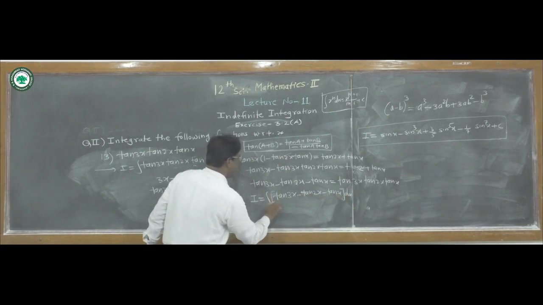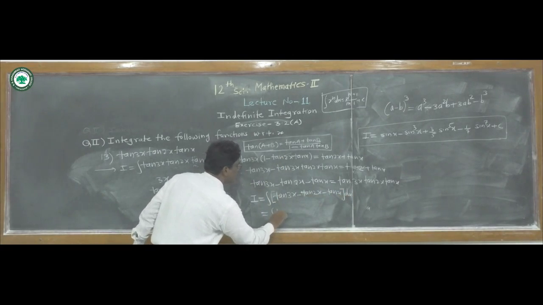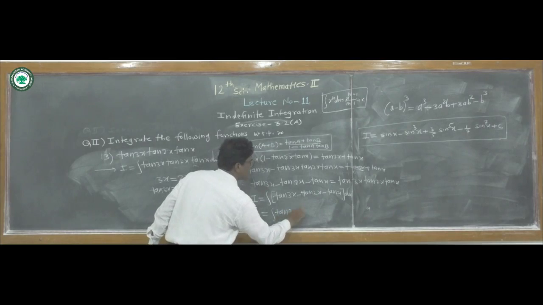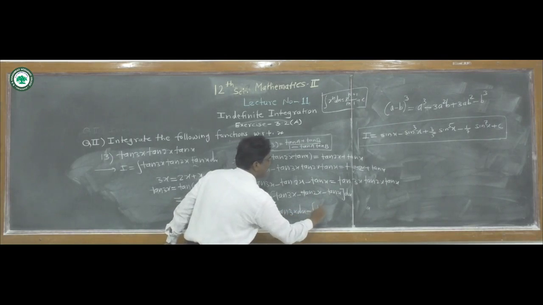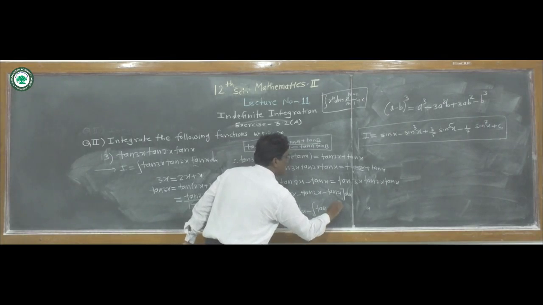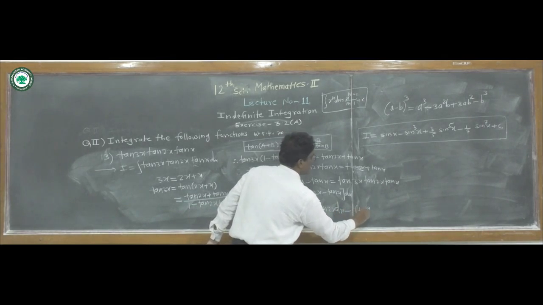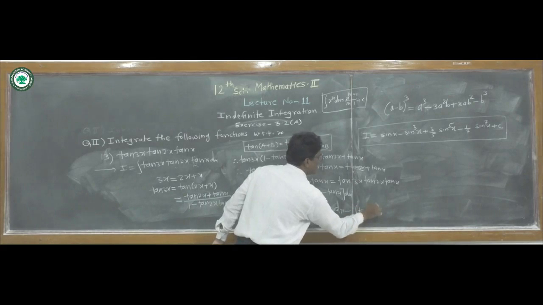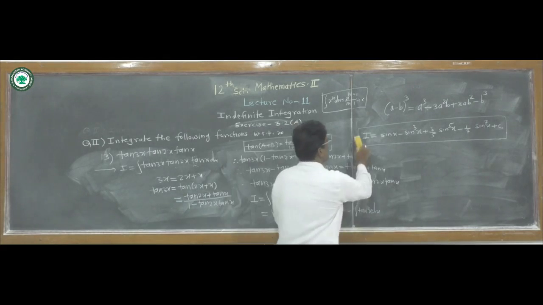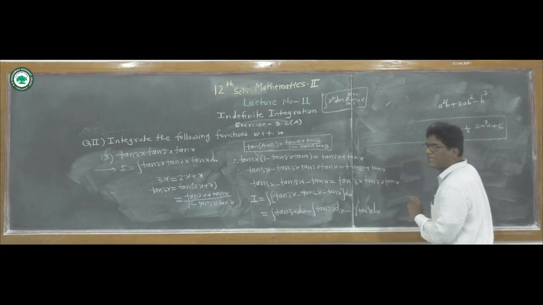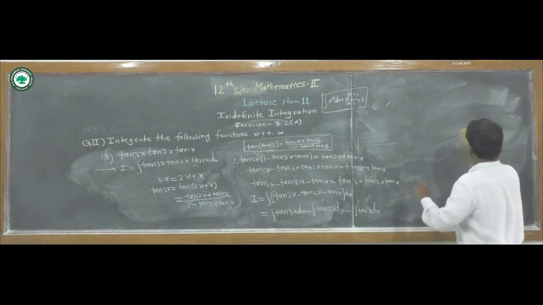And now take the separate integrations. So it is equal to integration of tan of 3x dx minus integration of tan of 2x dx minus integration of tan x dx. And we know what the integration of tan x is.